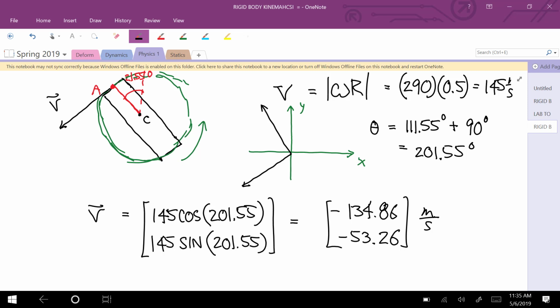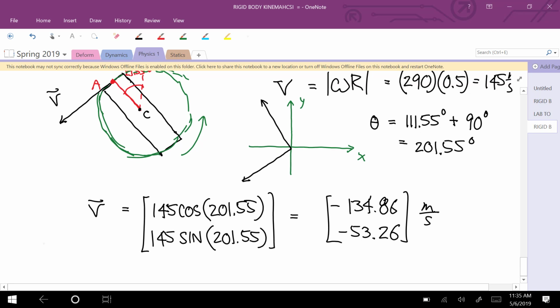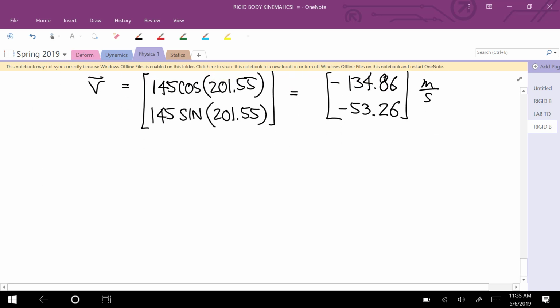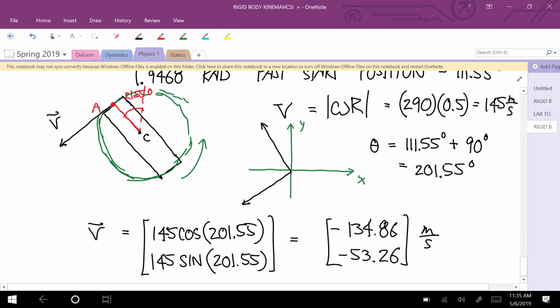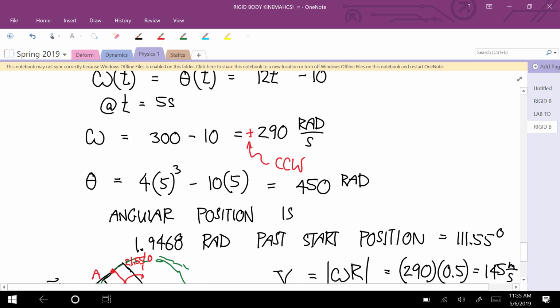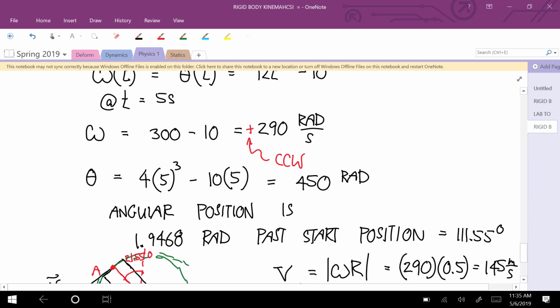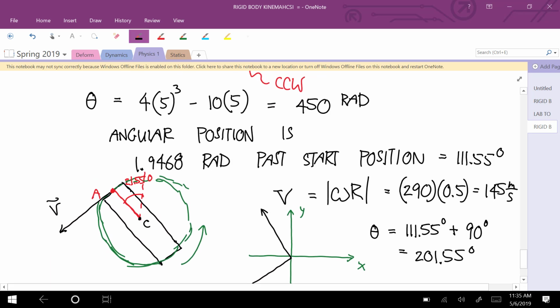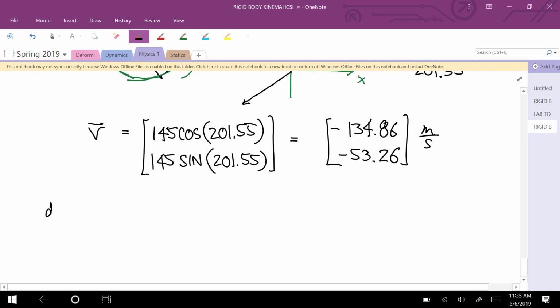And then to calculate the acceleration, so this is the point C, part C. Part D, we're trying to figure out the acceleration.